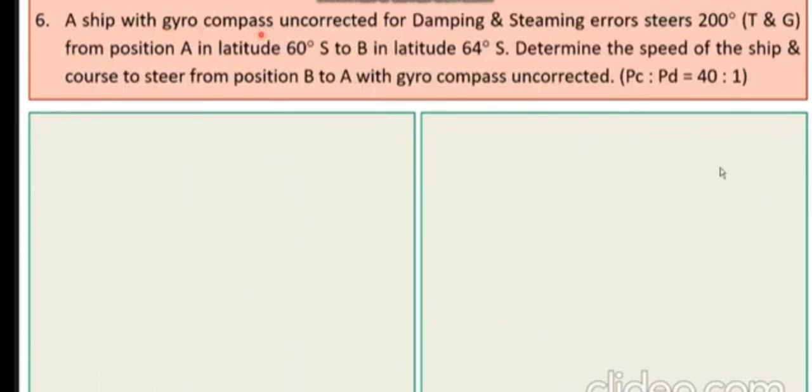A ship with gyro compass uncorrected for damping and steaming errors steers 200 degrees true and gyro from position A in latitude 60 degrees south to position B in latitude 64 degrees south.